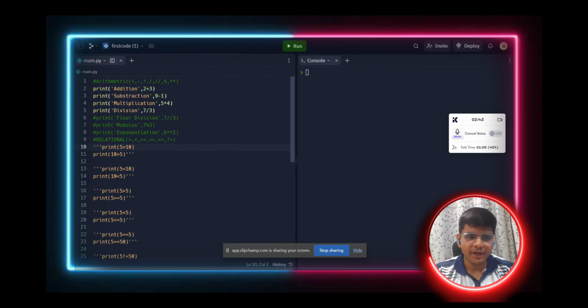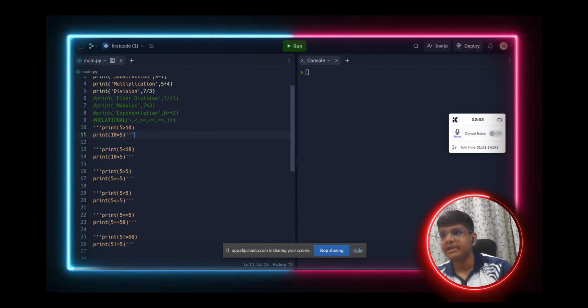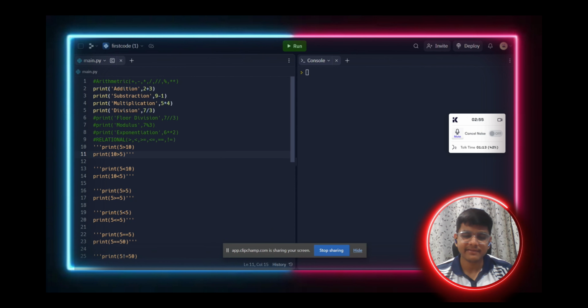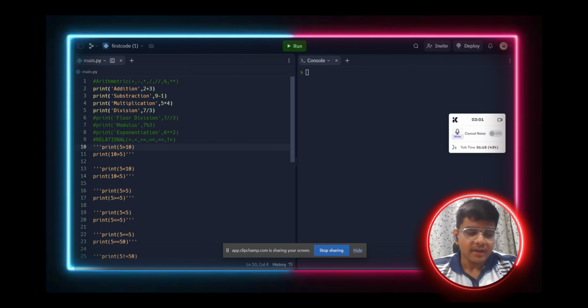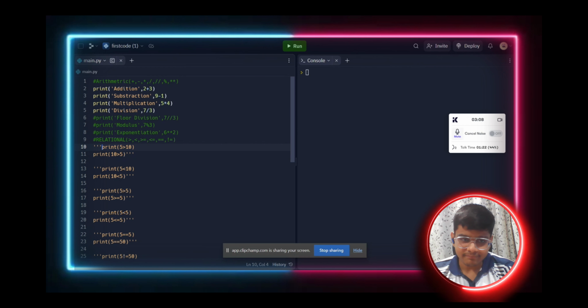I will run the code. I have commented out the whole other part of the code using hashtag. If you want to comment out multiple lines in Python, you have to give three consecutive quotes.